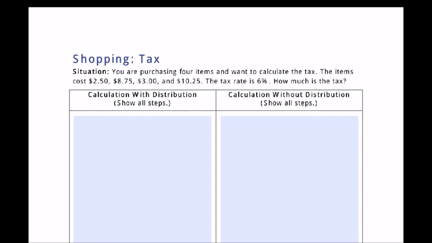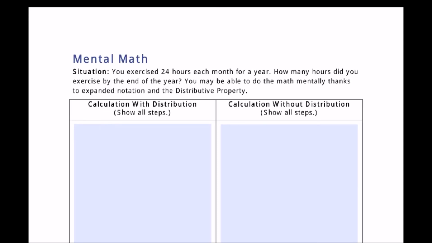Alright, this one is almost just like the last one, so I'm going to skip that and do this one. You exercise 24 hours each month for a year. Let me change these numbers just slightly. Let's say we exercise 82 hours each month for, say, 2 years.